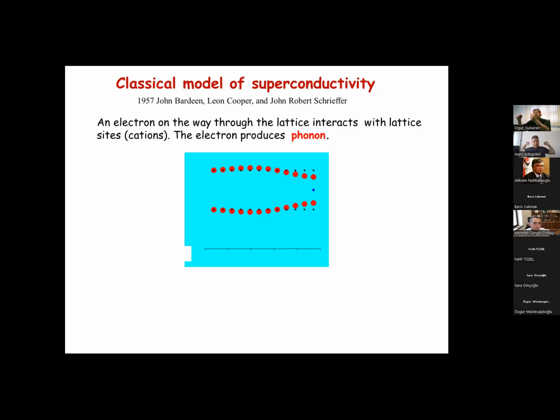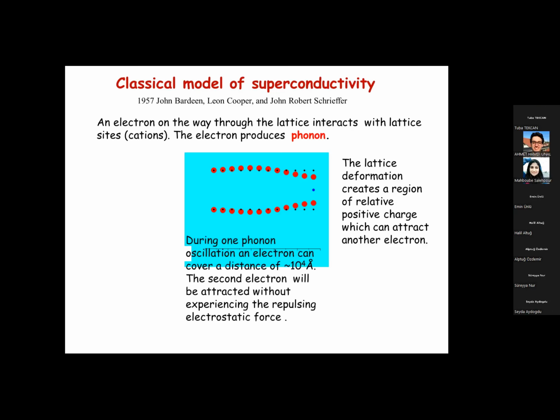The ion sits at the periodic position at zero temperature, but with temperature they move around a little bit, they vibrate around a little bit. These are called the phonons. Okay, I have a better animation.